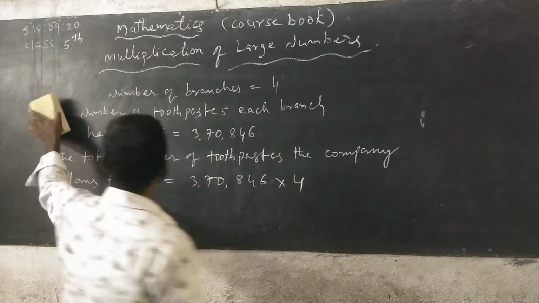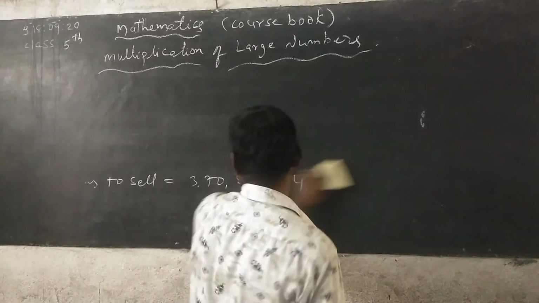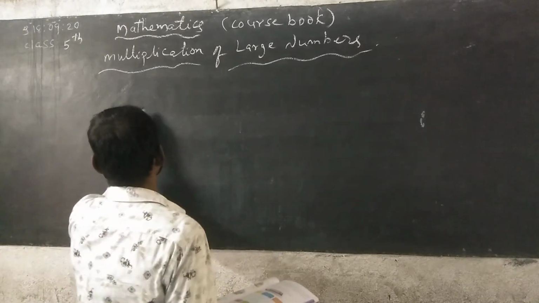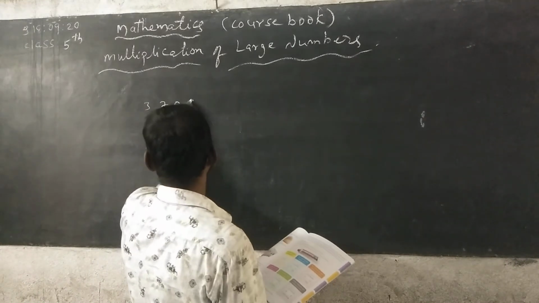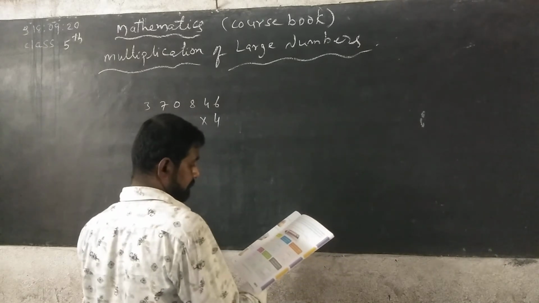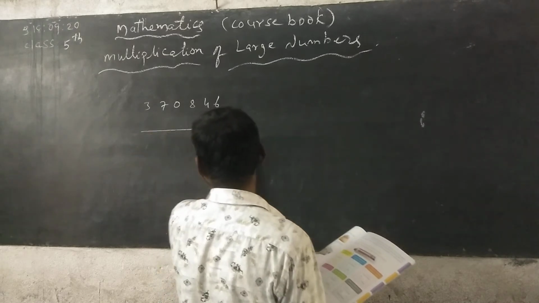See here, listen carefully. Three lakh 70,846 multiplied by 4.